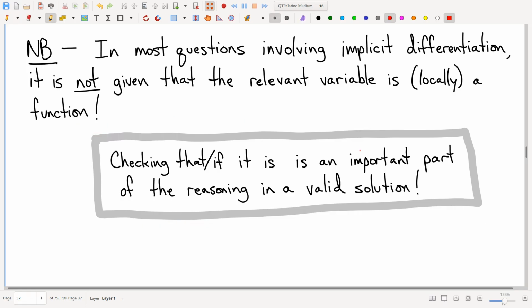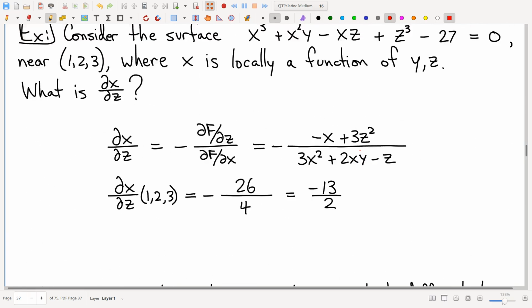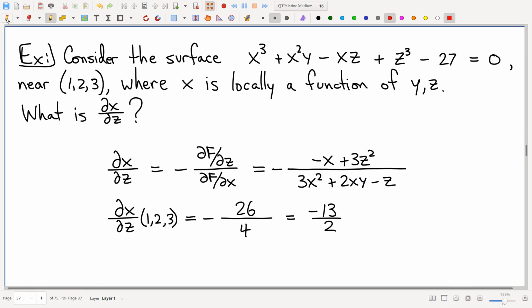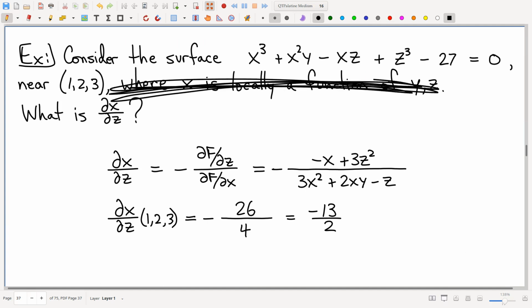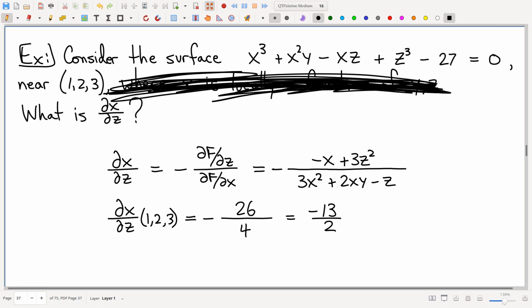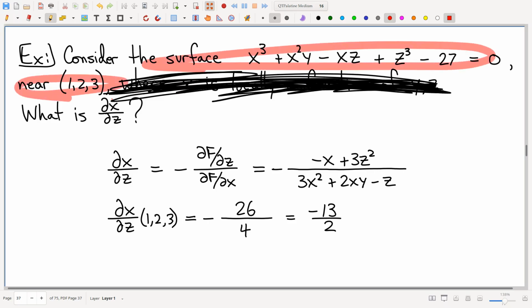So in particular then, if the question says, and I'm just going to do like so. If the question says, here's a surface, and near that point, what's the value of that partial derivative? Right? The very first thing you should think of is, wait a second.